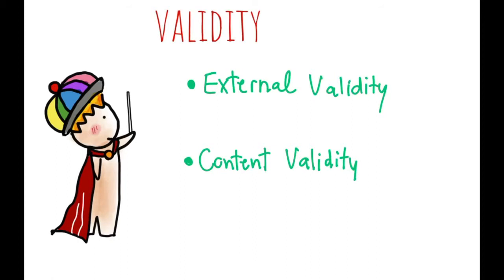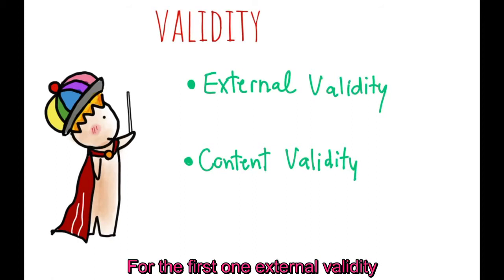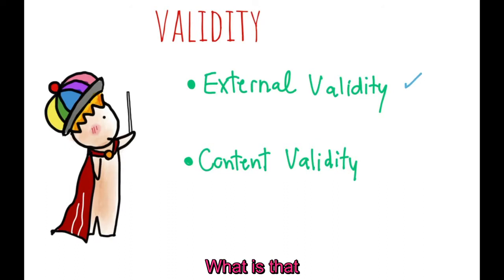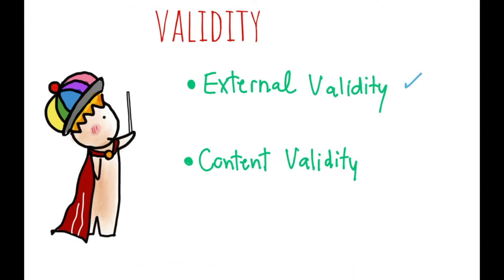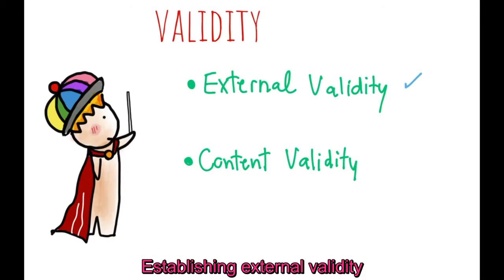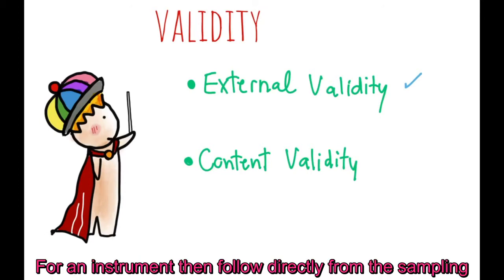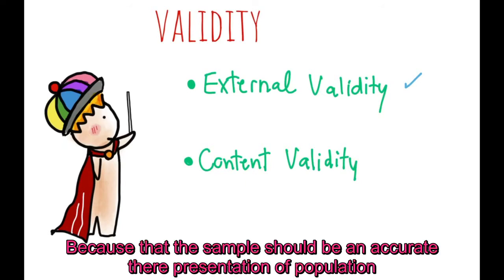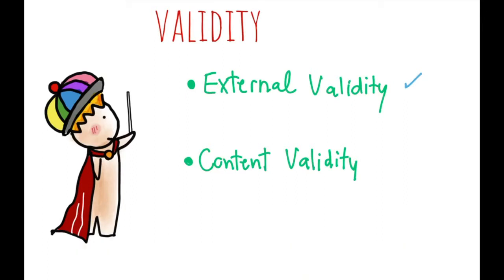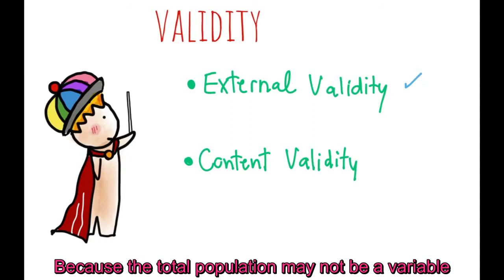For the first one, external validity. What is that? External validity is the extent to which the results of a study can be generalized from a sample to a population. Establishing external validity for an instrument follows directly from sampling. Recall that a sample should be an accurate representation of the population because the total population may not be available.